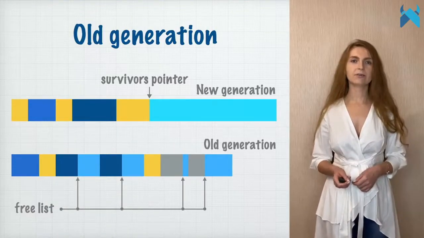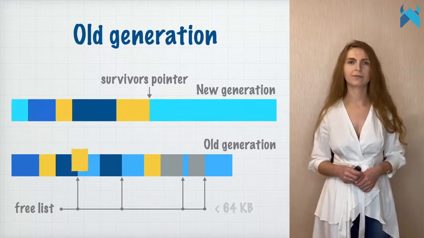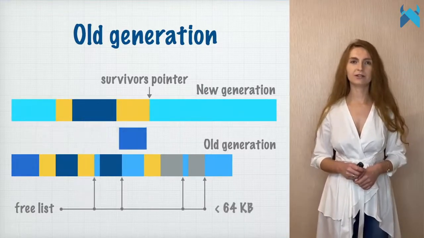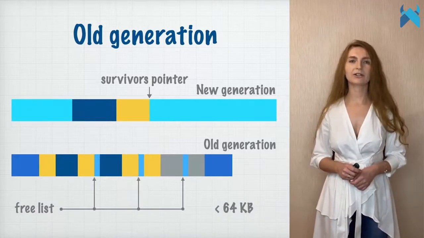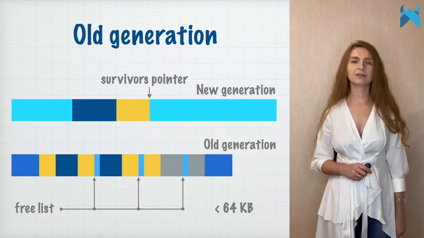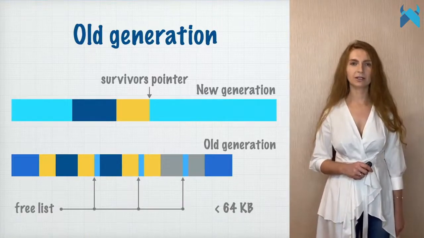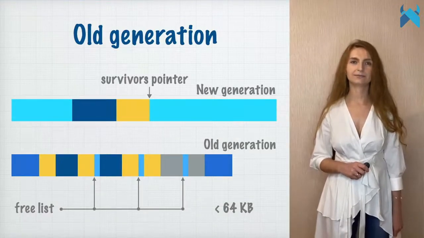Free list is basically a list of chunks of free available memory. If a chunk is quite big, the scavenger uses the same bump pointer allocation algorithm for individual allocations. So, if the object is under 64 kilobytes, the scavenger will try to allocate it via free list.